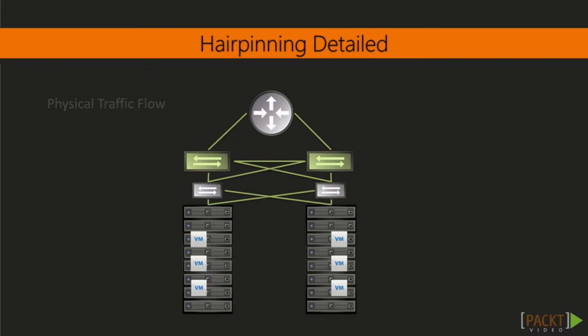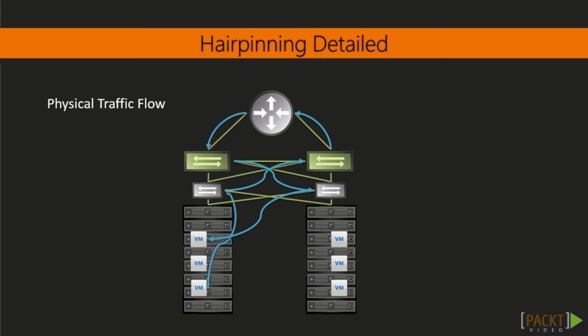Let's take a look at the physical traffic flow. That's more interesting. I just came up with some flow in the physical network. I don't know exactly which path is going to be used, but the decision is made by the physical network. So the virtual machine sends the packet to the router. So it flows to the top of the rack, the distribution layer switch, to the core router.